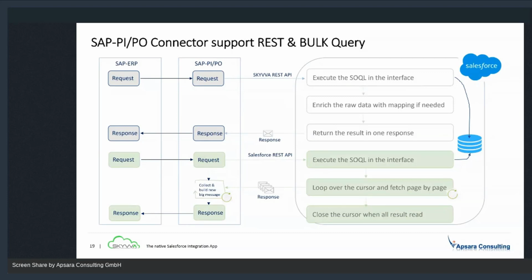You can change that here, but you cannot change the governor limit on the Salesforce side. Therefore, we have to use this query technique to get the result page by page to overcome the governor limit, so that we can collect the message on the SAP-PI PO side and then pass the message to the caller.